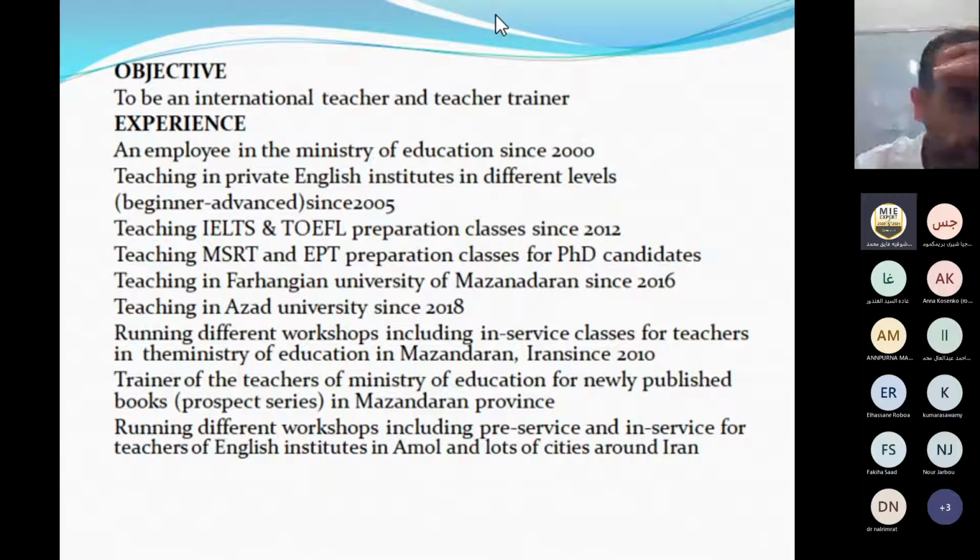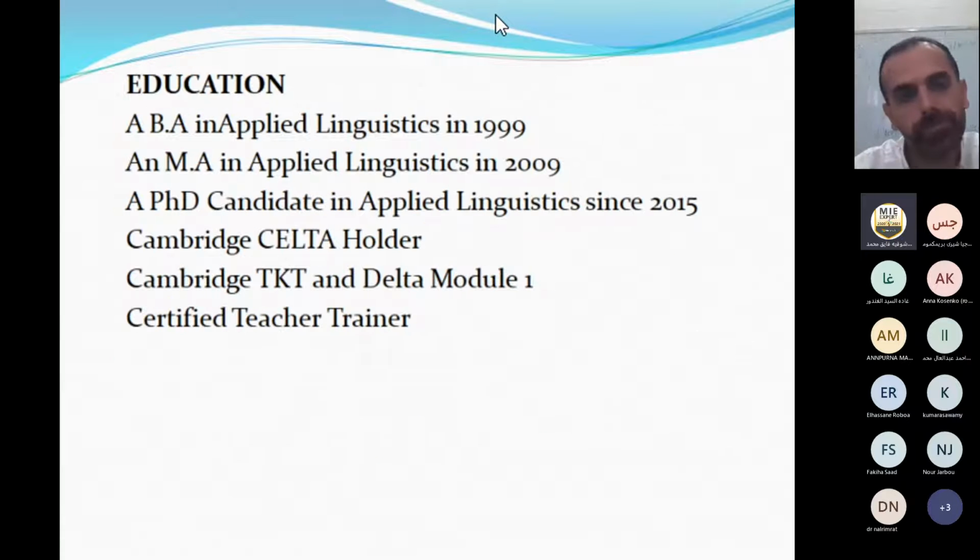He runs different workshops, including in-service classes for teachers in the Ministry of Education in 2010. He is a trainer for Ministry of Education teachers for the newly published Prospect series books, and he runs different workshops, including pre-service and in-service training for teachers of English institutes in many cities around Iran.